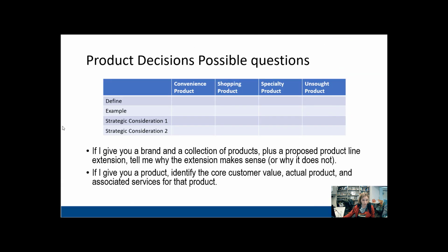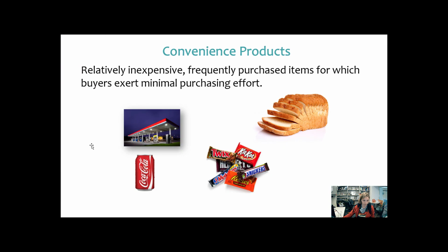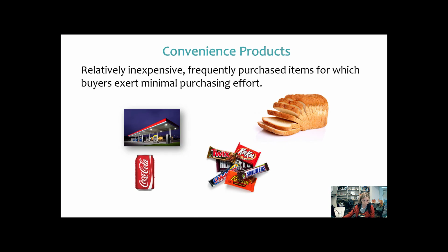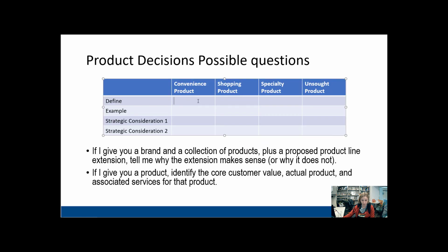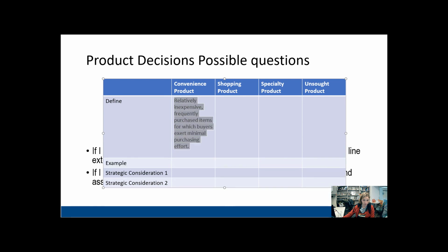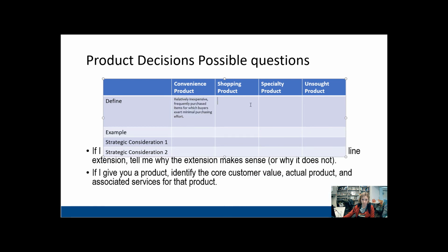For this question, I'm looking for you to go, say, to the convenience product. I don't want you to use this definition. I want you to use your very, very own words. But I'm looking for the definition here. So use your own definition of shopping product, specialty product, unsought product, and then give me an answer like bread.